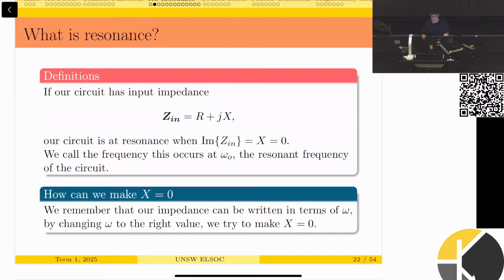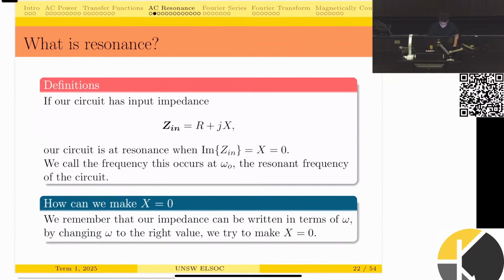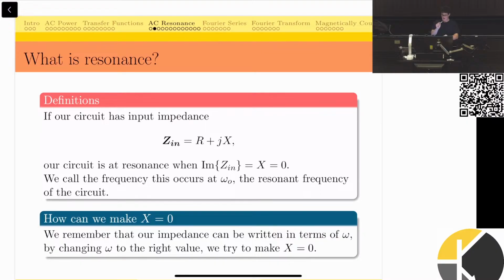So there's something called the resonance condition. When we have a circuit, we have some input impedance that we see from the input, and when we change omega, if we imagine having different omegas for our input impedance, when the imaginary part x goes to 0, we call that the resonance condition.